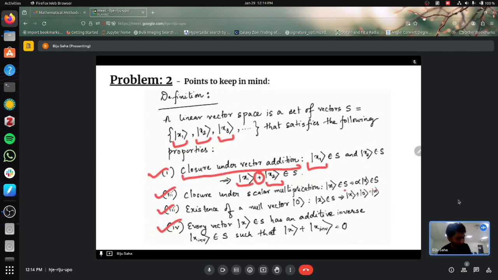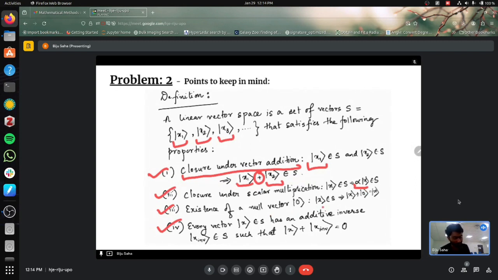If you multiply a vector with any member of the scalar field, the result has to lie in the set itself. That is the closure under scalar multiplication. Now the existence of a null vector has to be verified by the next rule.